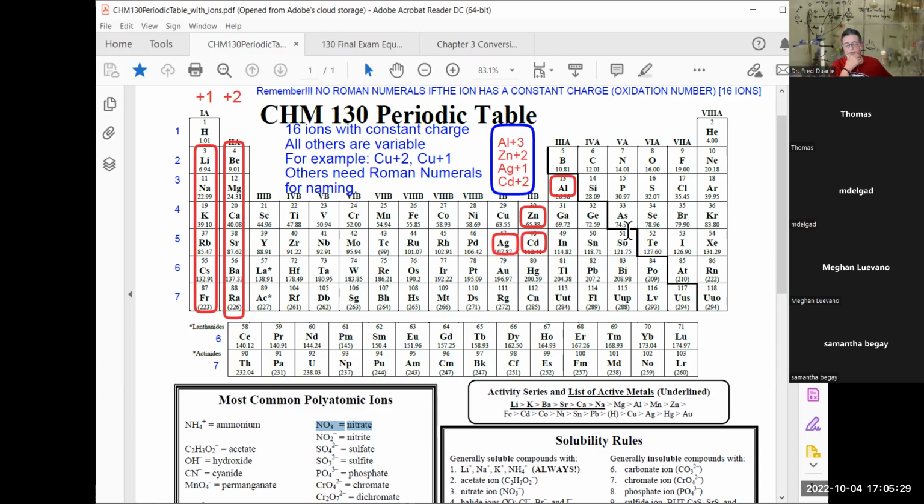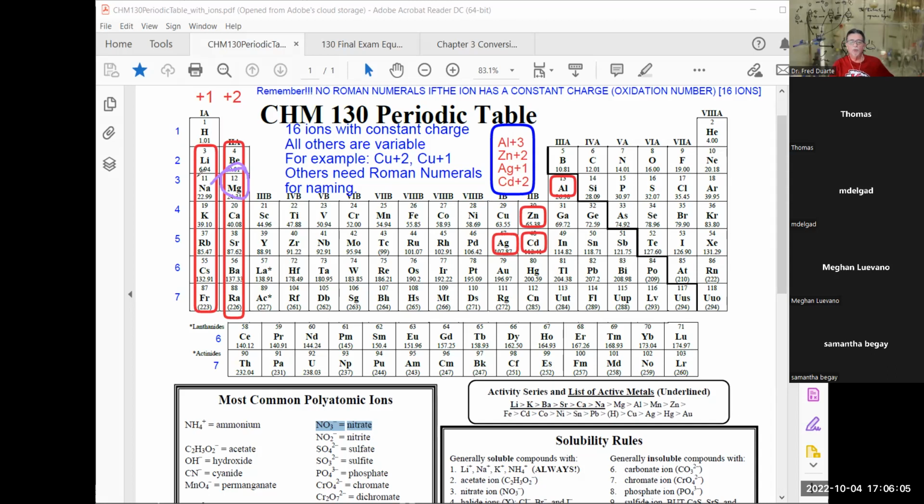Somebody asked me this in my earlier class, how do we know that magnesium has a +2 charge? Let me ask you guys. Magnesium, how do I know what kind of ion magnesium will form? Well, let me give you a hint. Here's magnesium right there.